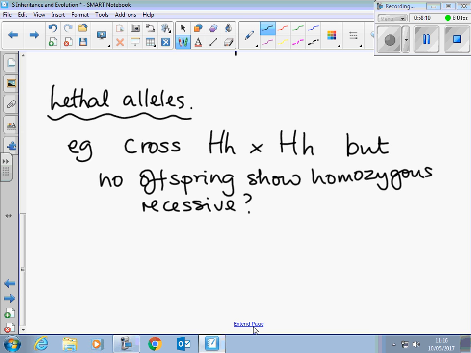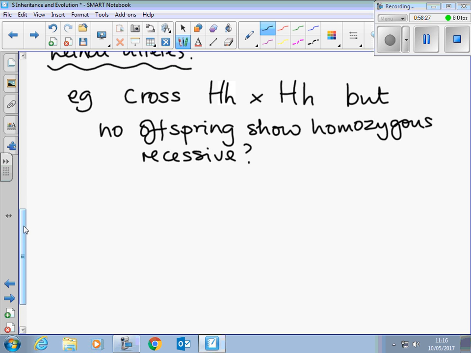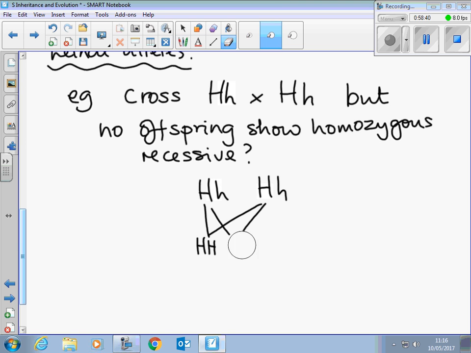So what's happened there? This leads us into not a direct question on the exam, but it's related to a question on the exam, because it's not necessarily as obvious as this. If you cross those two individuals, you'd expect to get a big H, little h, another big H, little h, but you don't get that one.